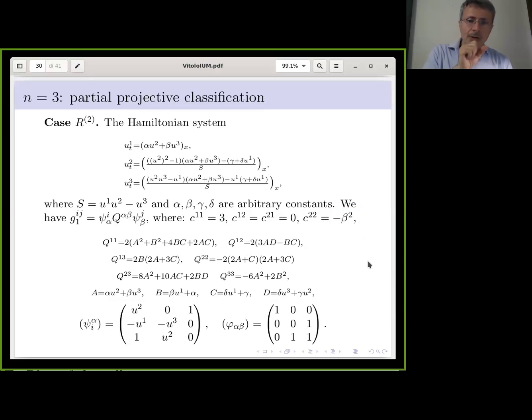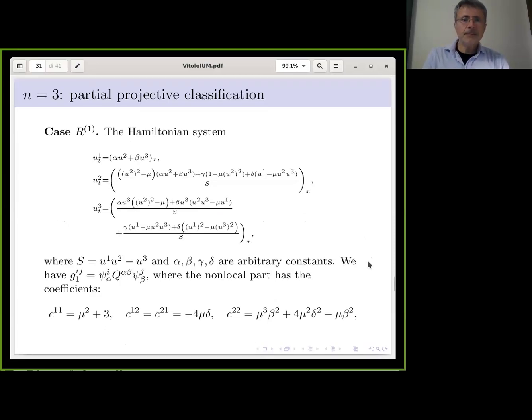And the two bottom matrices, the two matrices in the bottom line, are just the factors of the Monge metric of the third order operator. And then we have R1, for which we have a similar situation.